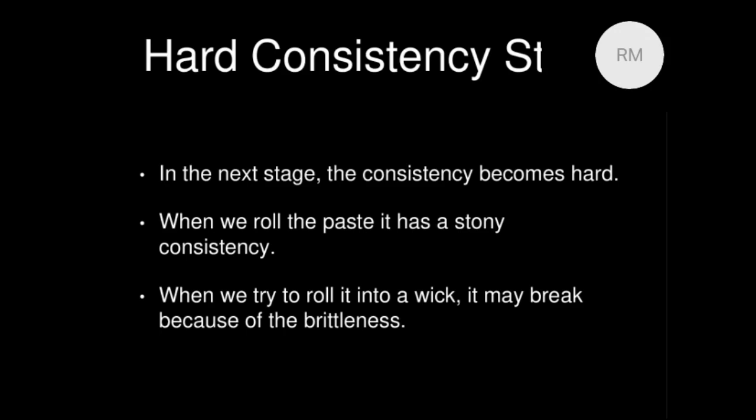You're not any longer able to roll it and make it into a thread under your fingers. So in this stage, we can say that it has attained hard consistency. In fact, this is the stage in which we make oil for external application, applying on the body and the head.